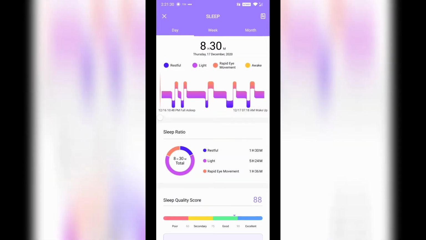And then the second option, sleep mode. In sleep there will be two options. If you wear the watch, it will automatically record your sleep, deep sleep and mild sleep.